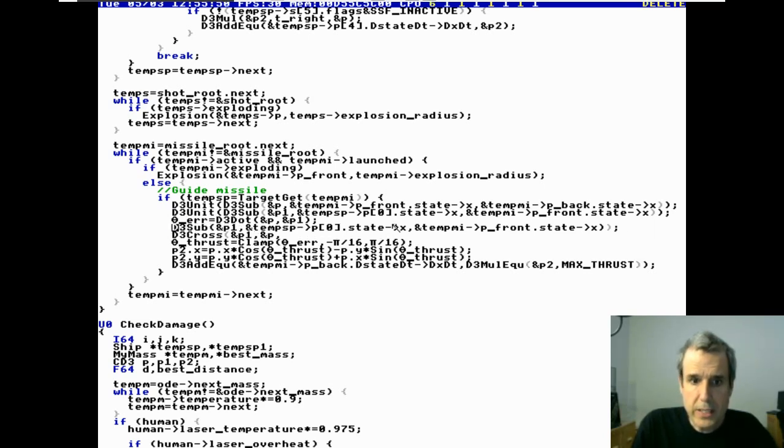So we subtract into P1 dx dt. Oh, hold on. The missile velocity. Dx dt.